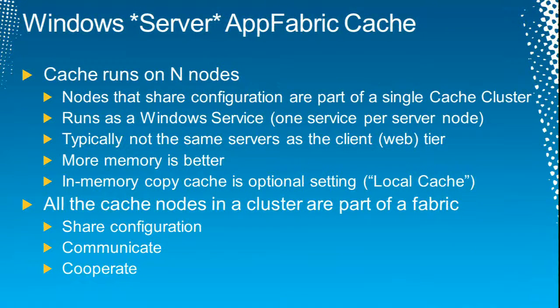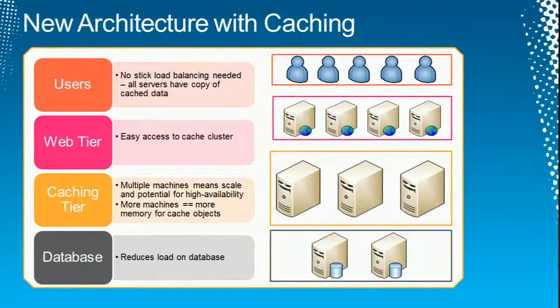So the AppFabric cache is a Windows service. It runs on some number of machines. You decide how many machines. Obviously, the more memory you can give those machines, the better. But when you think about your application architecture, typically the expensive machines are down at the bottom. If you're trying to figure out what web servers we are going to use and what database servers we are going to use: web servers, like I said, it's pretty easy to add a new server, so you typically don't worry about the hardware on those as much.